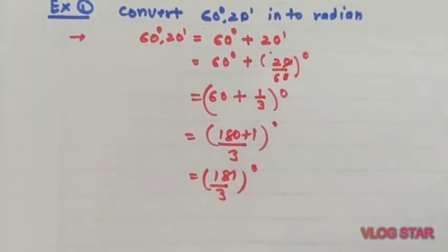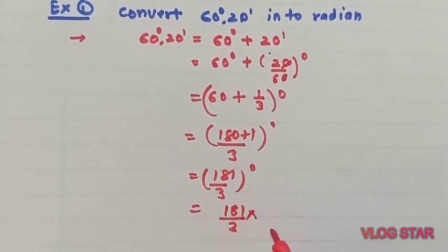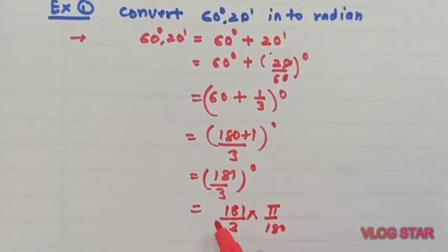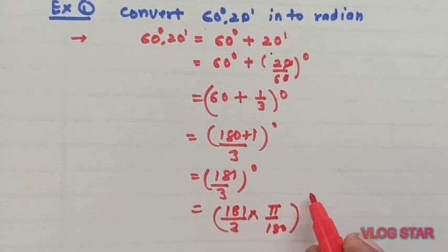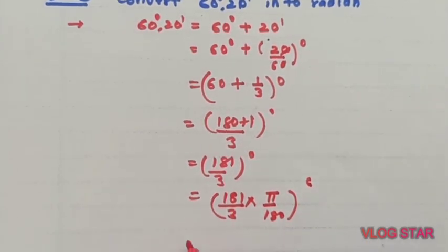Now we have to convert it into radian. So to convert 181/3 into radian, we have the factor pi by 180. So that is in radian, isn't it? So we will reduce it if possible, otherwise we will leave it like this.